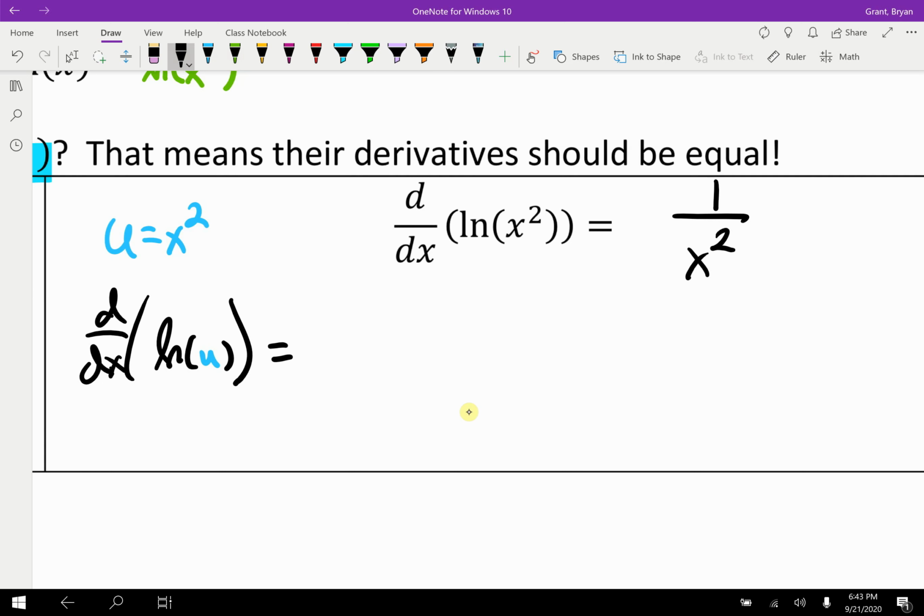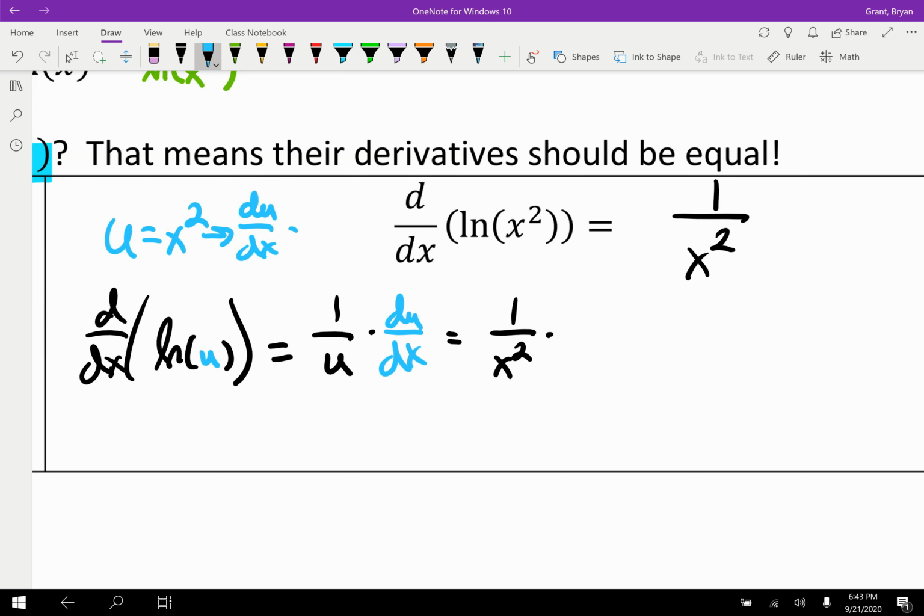Well, our chain rule tells us it's going to be 1 over u, the derivative of the function with u in it, times the derivative of our u substitution, which we write as du dx. My original u substitution was for x squared, so du dx, the derivative of this guy, is 2x, so we need an extra 2x here.